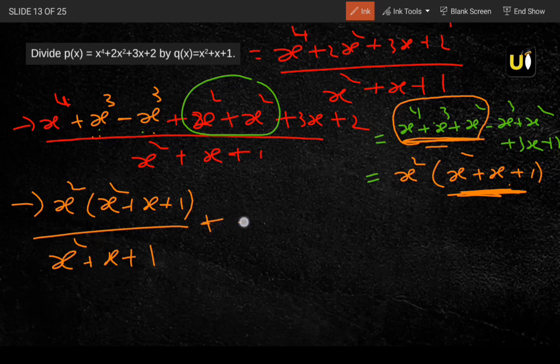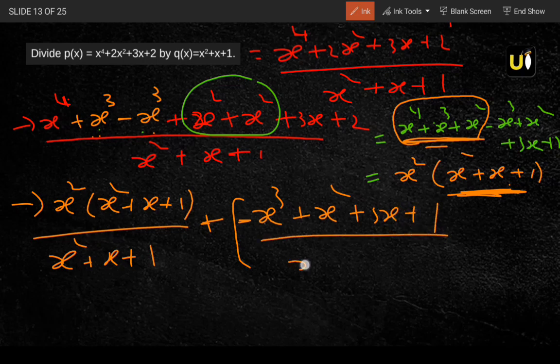Okay, so now here we can write these two terms separately. Just observe these terms x cube, x square and x. So if we take x common from these terms, we will get again the denominator, right? So let me write this.